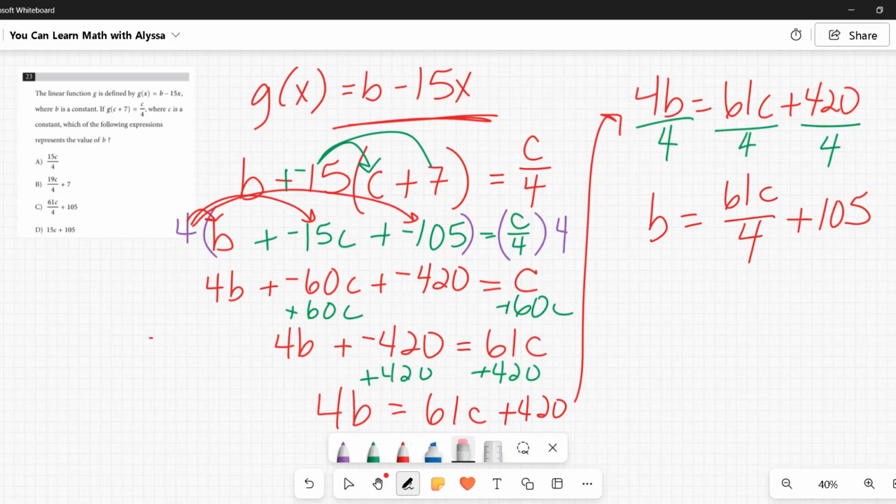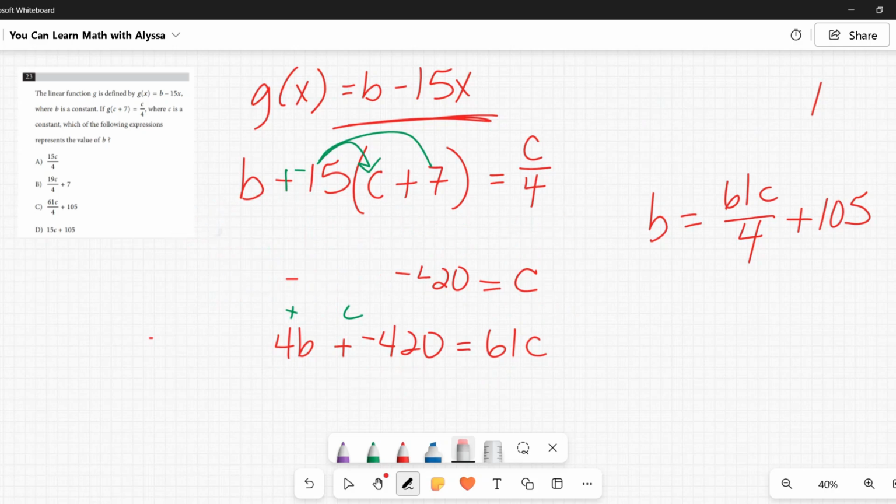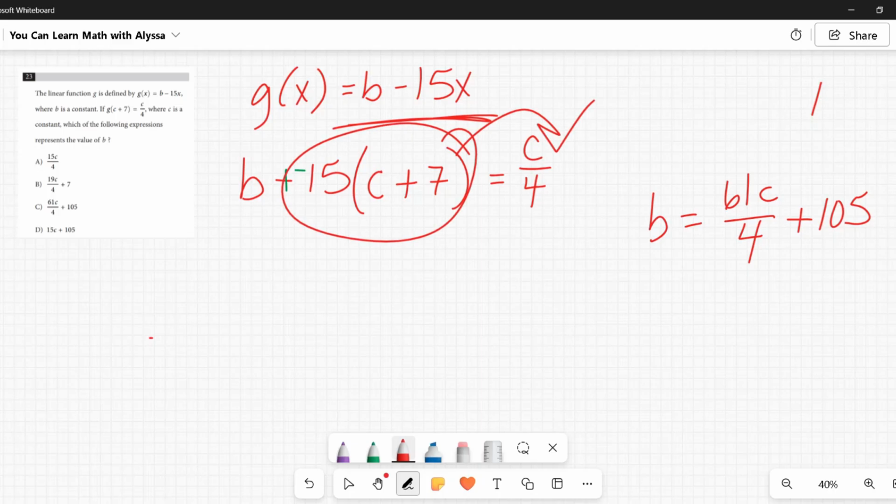If you're looking for, wait, didn't we just find the answer? We did. It's 61C over 4 plus 105. But I'm going to back it up and just show you. See if we go back to just this point. You could even move this whole thing over here first if you wanted to.